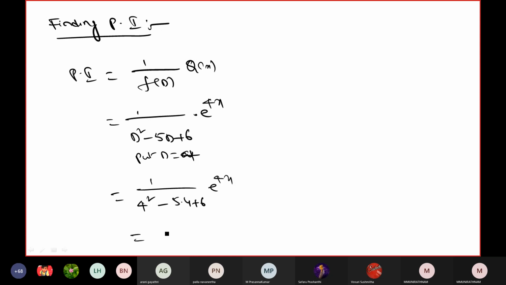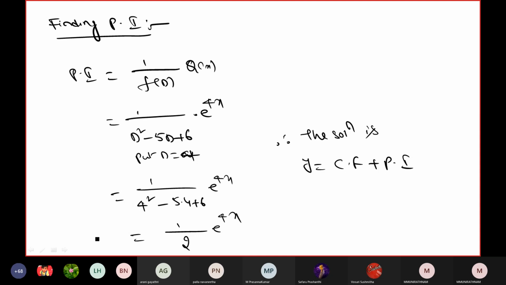So what is this value? The required solution is CF plus PI, replace that.